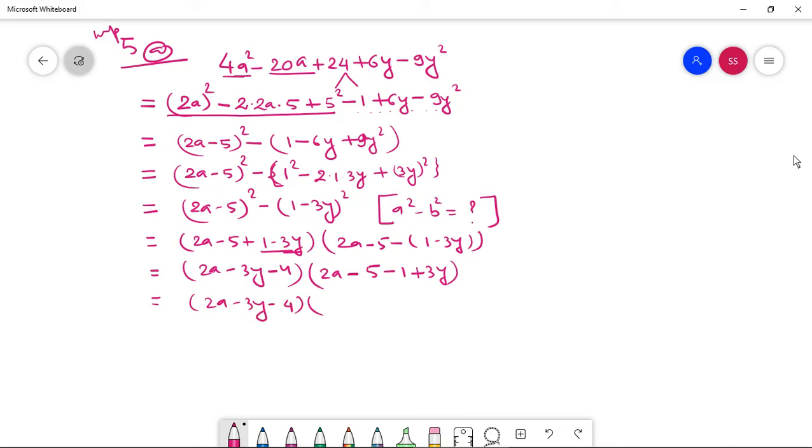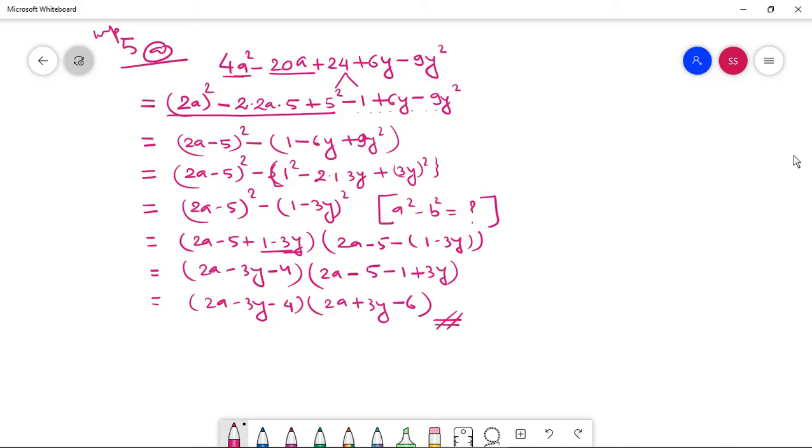Minus, we need the 2ab form, so you can factorize 20a into 2ab form in such a way that 2 times 2a is understood, and we cannot change that form, 2 times 2a.